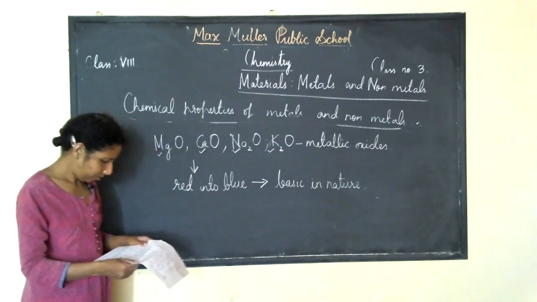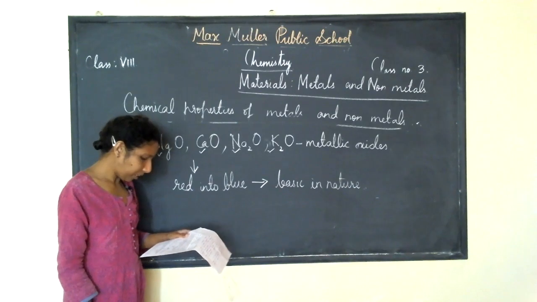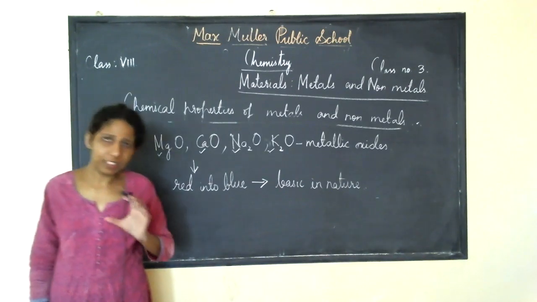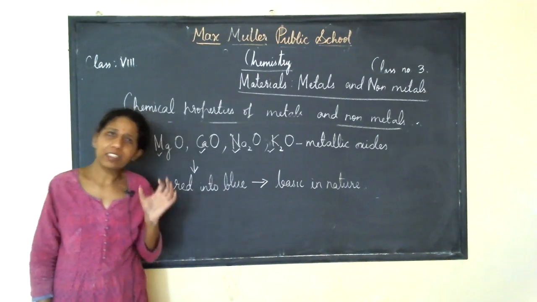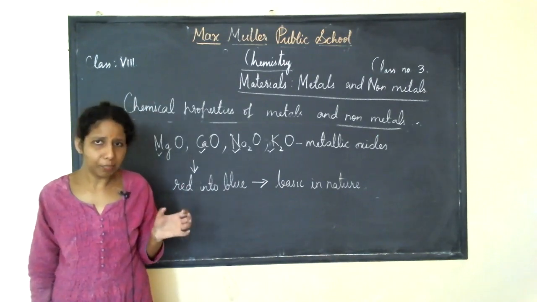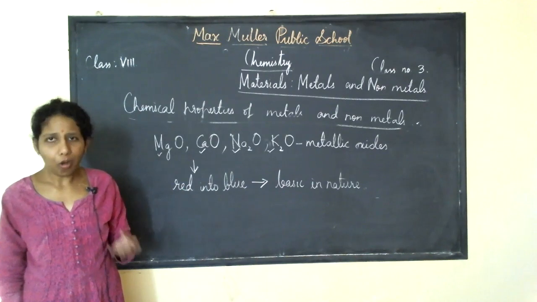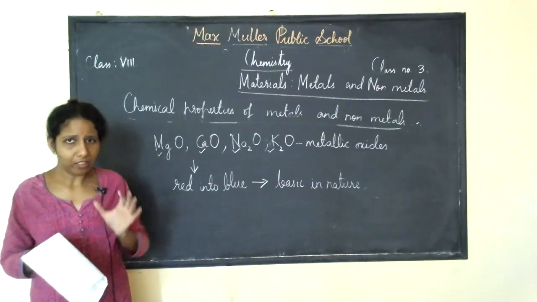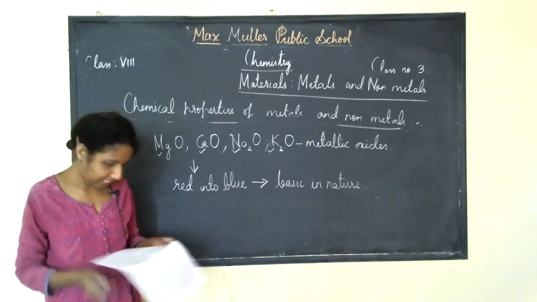Now next, you can also take other examples on copper vessels. You find a green coating, isn't it? Sometimes, many people know, on copper plates or copper vessels you find a green coating. Why?